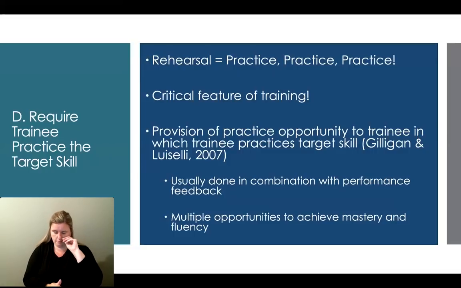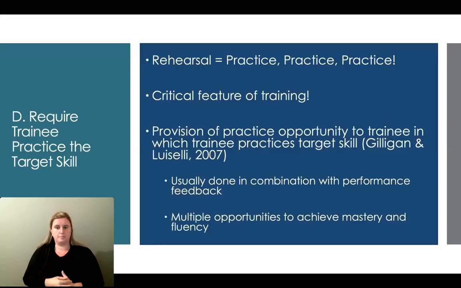This is a critical component in behavioral skills training. You model the skill, now they practice, and practice, and practice. You provide practice opportunities in which the trainee practices the target skill, and of course, specific variations of the target skill as determined.